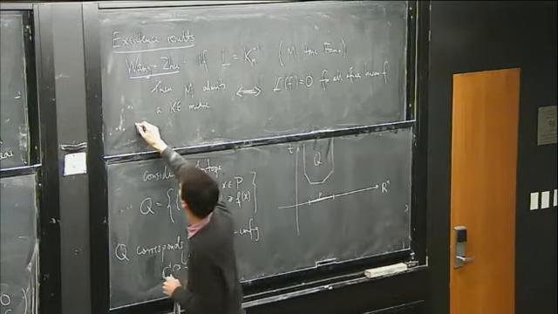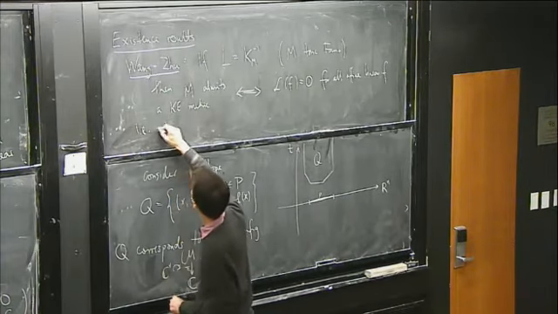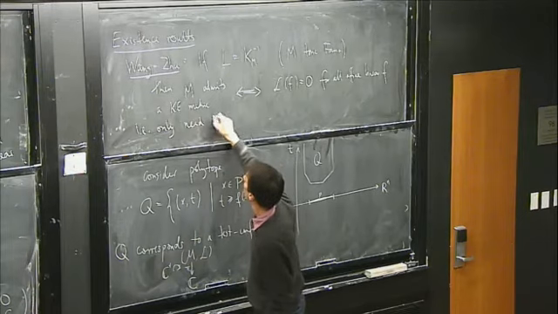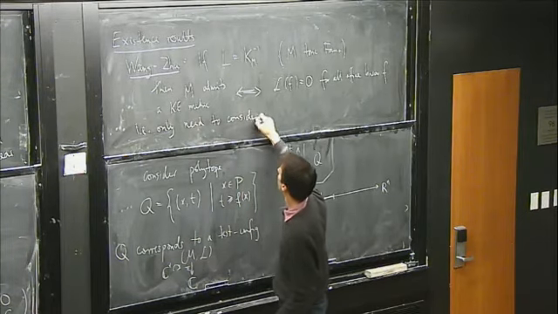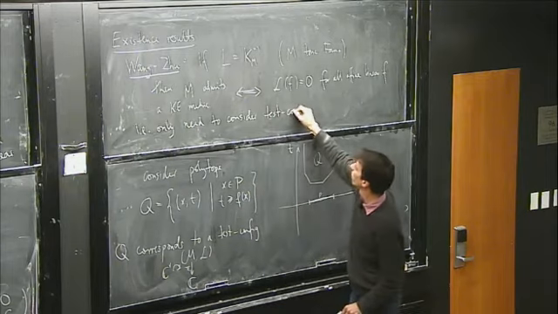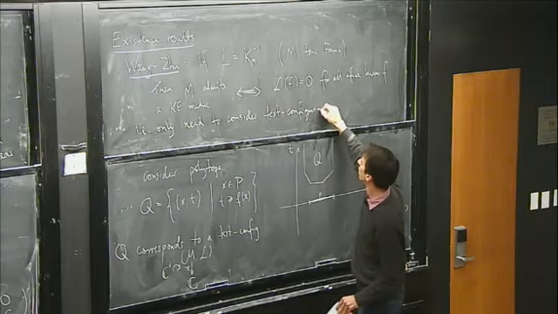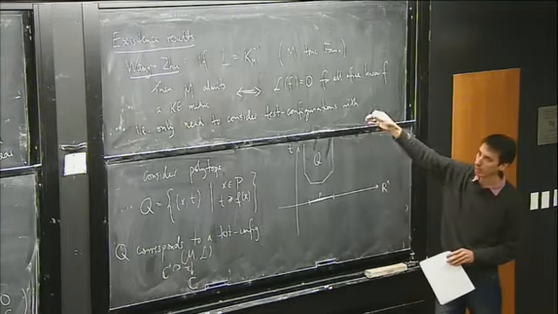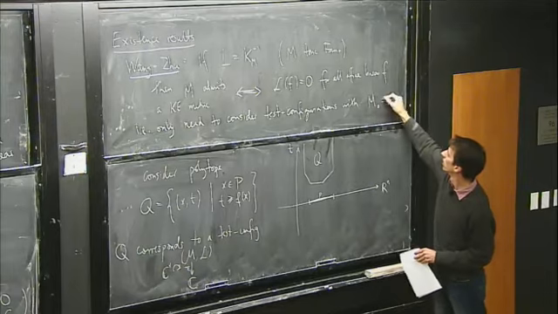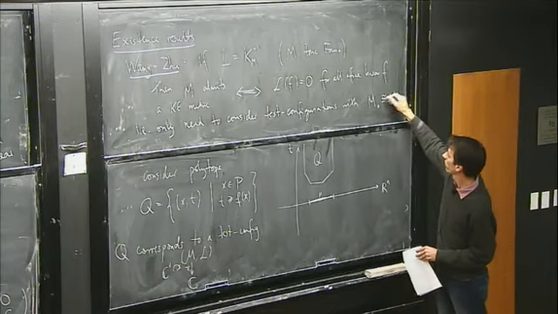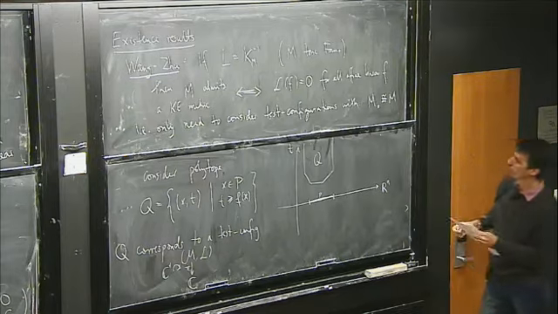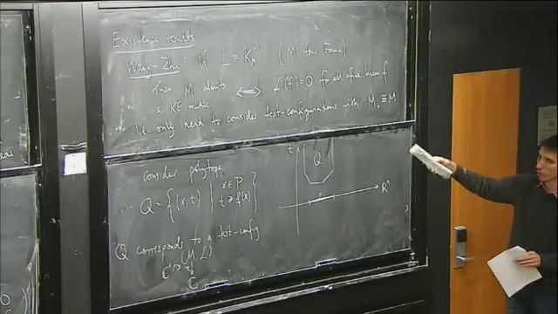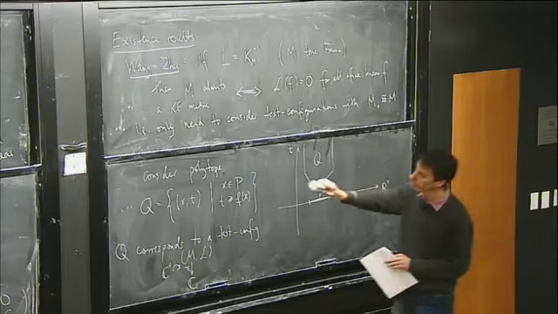So we only need to consider test configurations with the central fiber being the same as M. So the total space will be M cross C, just with a non-trivial C star action.